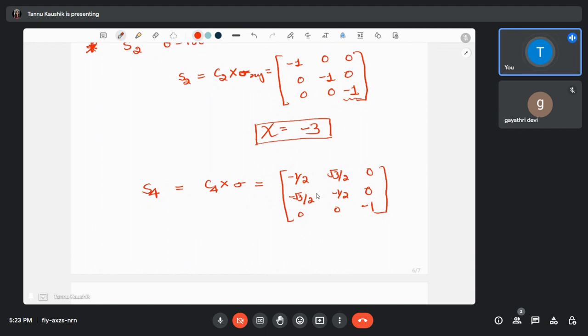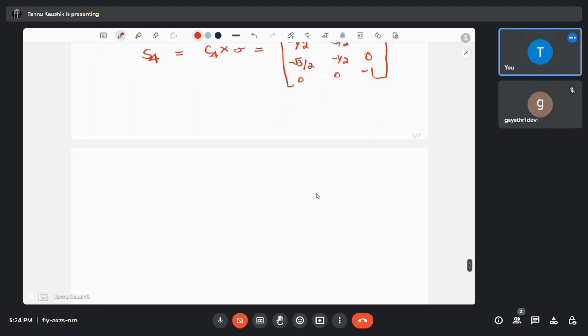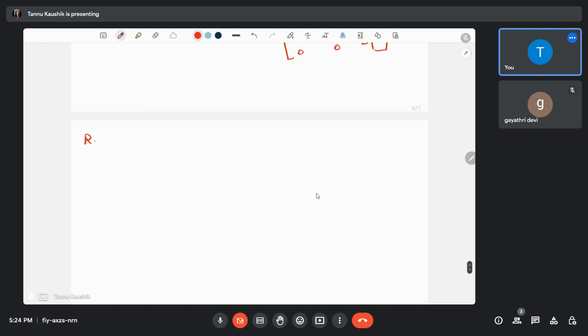So these characters of matrices for symmetry elements will be utilized as the contribution per atom for derivation of reducible representations. So what are the reducible representations for a molecule?